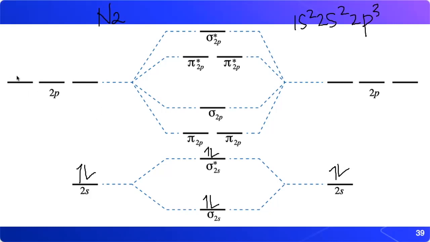And then 2p3, meron tayong tatlo. Okay. So we're going to fill up first the pi 2p orbitals here with 1, 2, 3, 4, followed by the sigma, 5, 6. Okay. So total of 6 electrons.